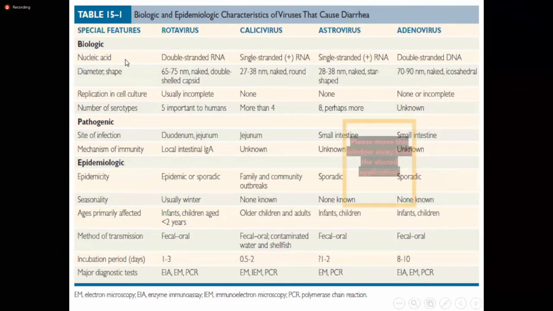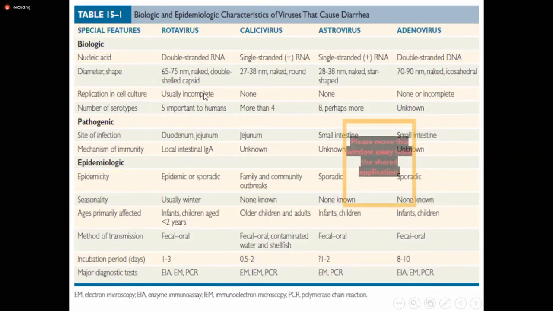Regarding the nucleic acid, Rota is double-stranded RNA, the others single-stranded RNA, adenovirus double-stranded DNA. Regarding the diameter, I don't want the figures from you, but look, caliciviruses and astroviruses are small viruses. The other two are large viruses.